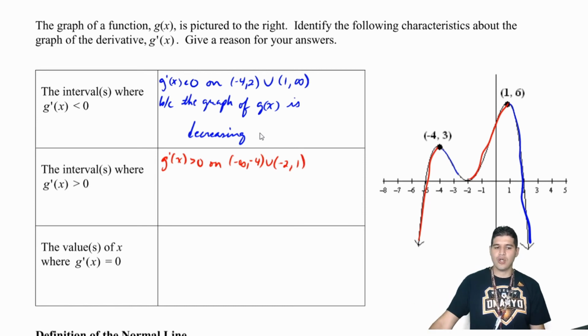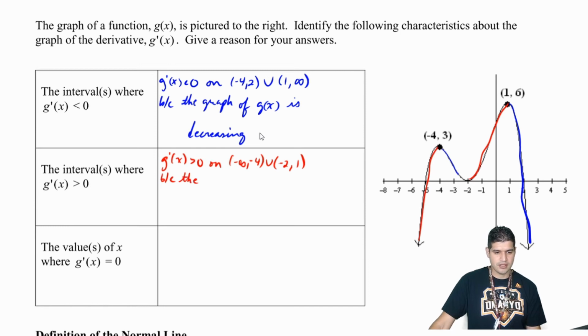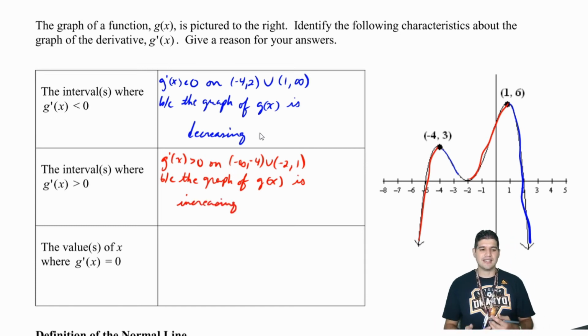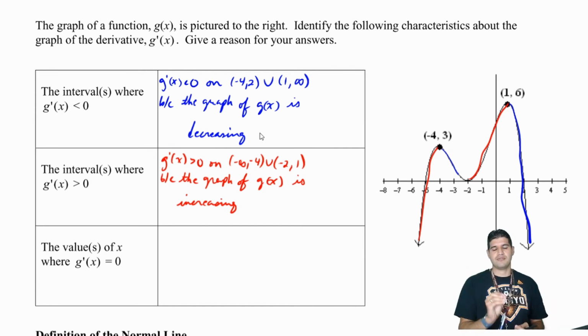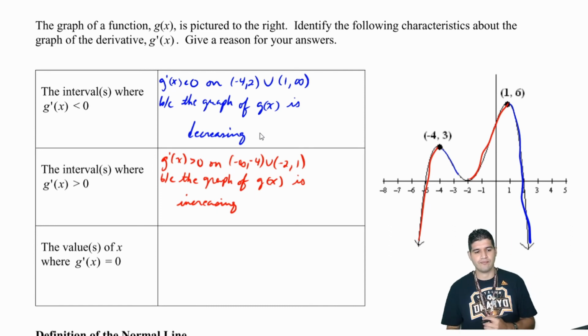The reason I know that is because the graph of g of x is increasing. Again, I'm using the stimulus that I have, g of x, in order to write my justification about g prime.